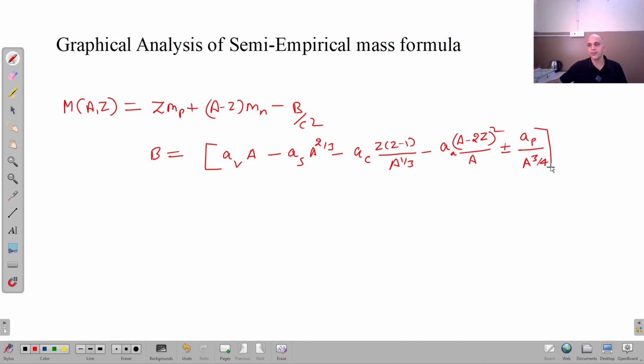So this is the expression for the binding energy we have derived, right?